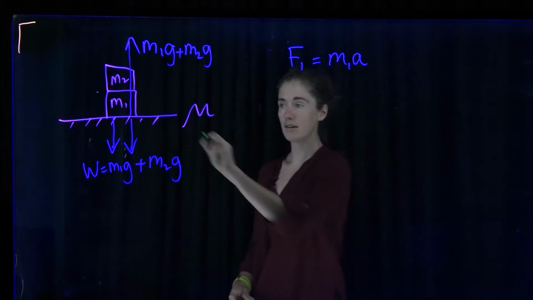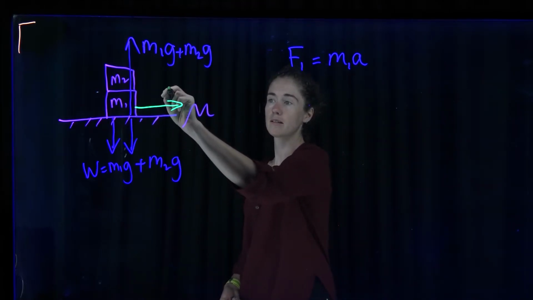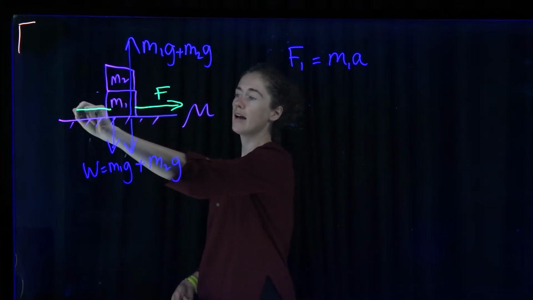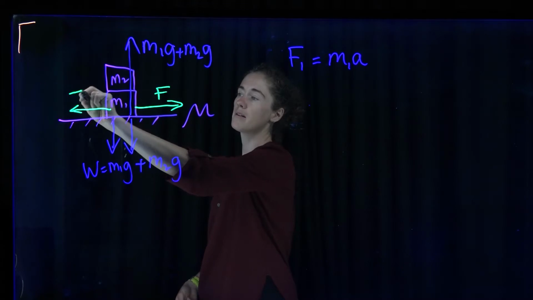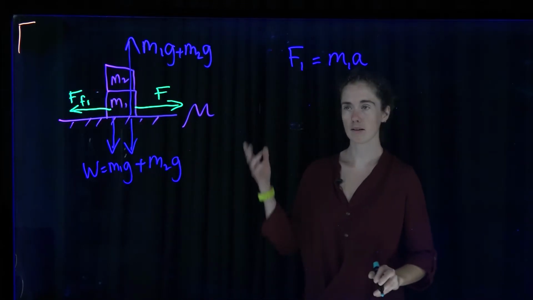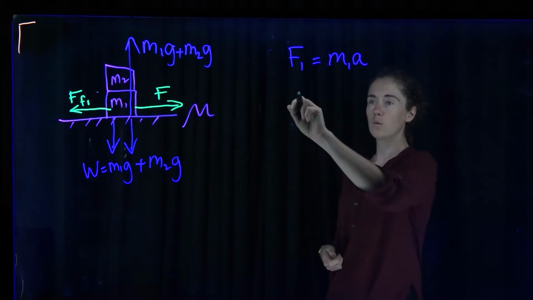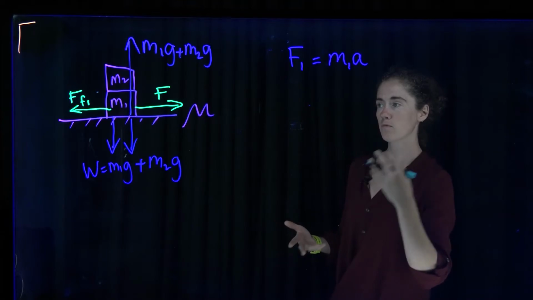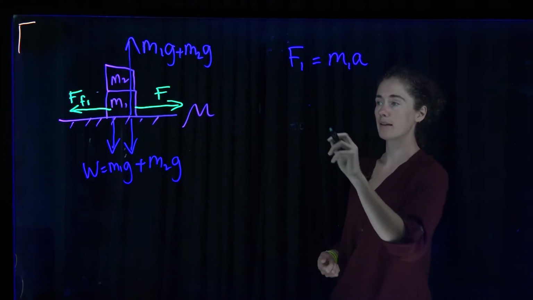You've got the forward force, there is you pushing, and the opposing force, the force of friction. So I'll call that a force of friction 1. And this F is the force that we're asked to compare.